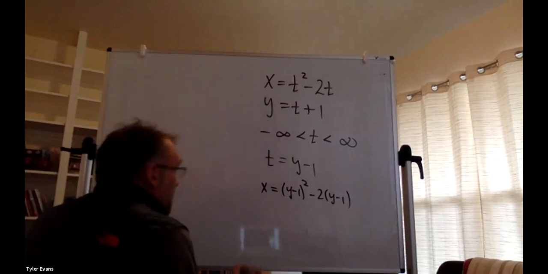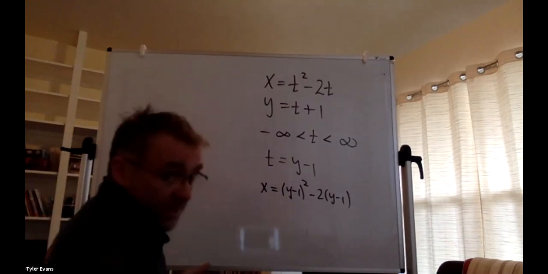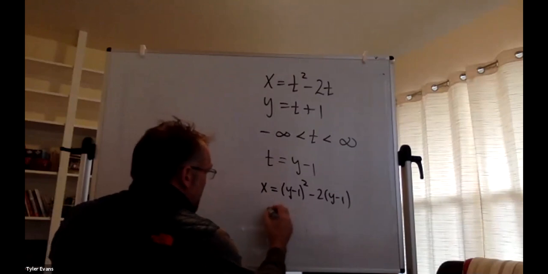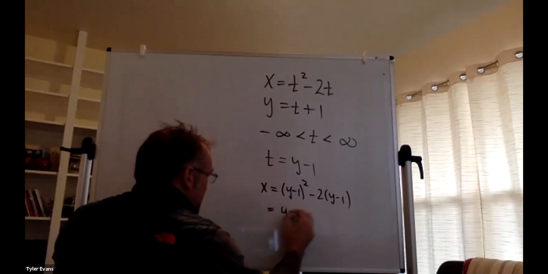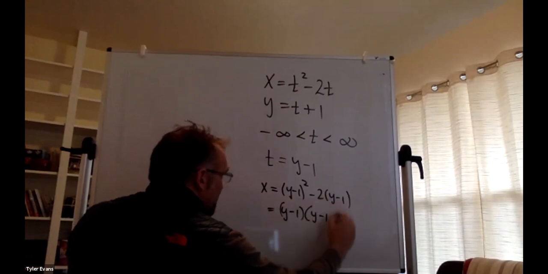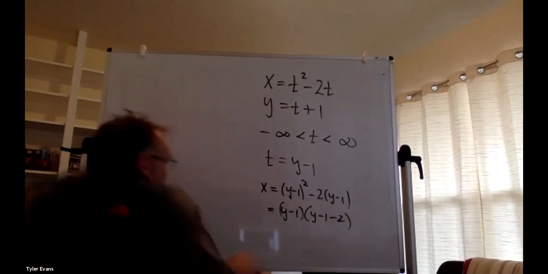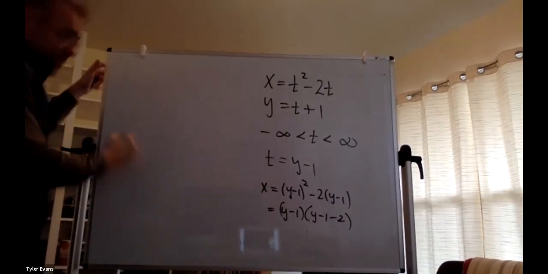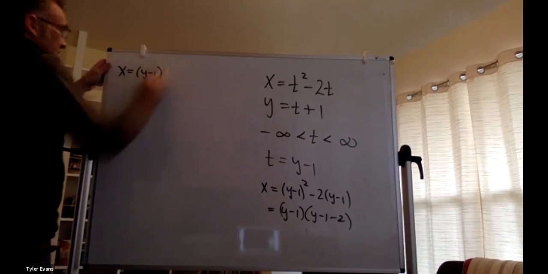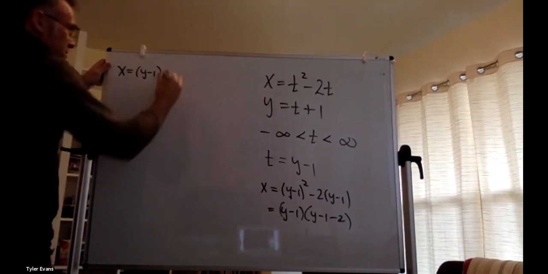I think I'll lean down to try to make the handwriting better. I hope you can see one more line. I'm going to try to be a little clever here. Factor out a y minus 1. Maybe that's as low as I should go there. So coming back up here, I would get that x is y minus 1 times y minus 3.